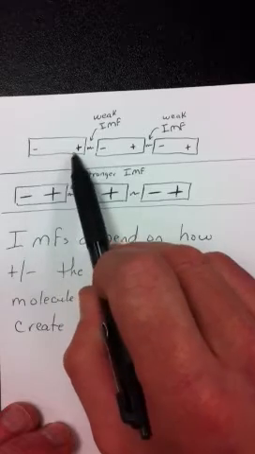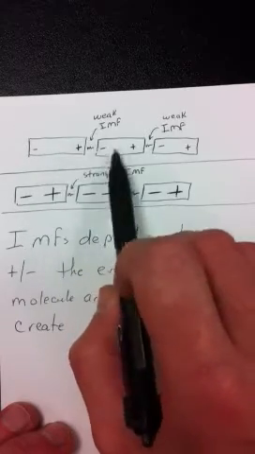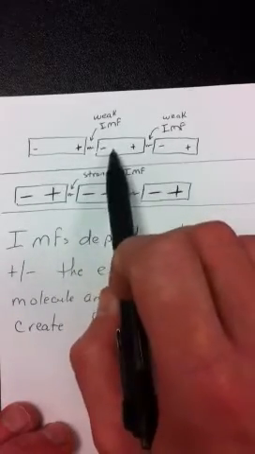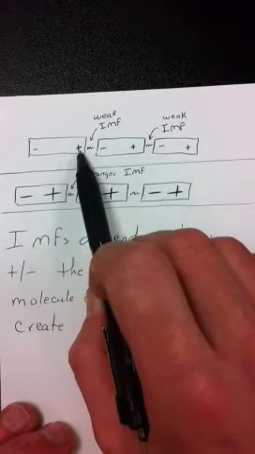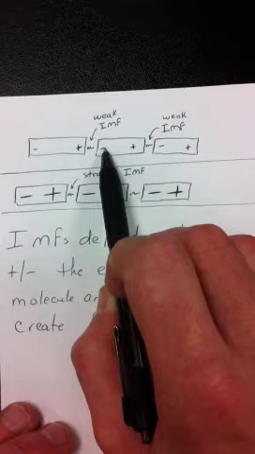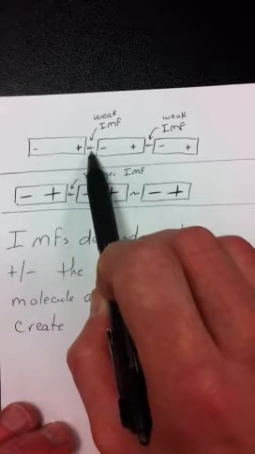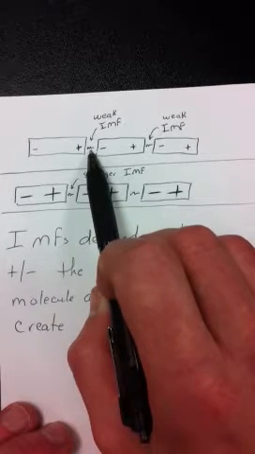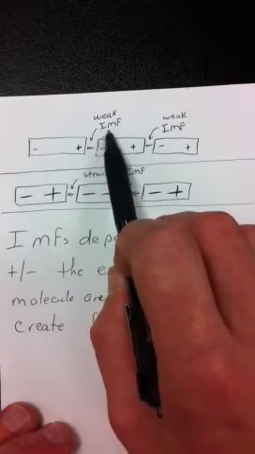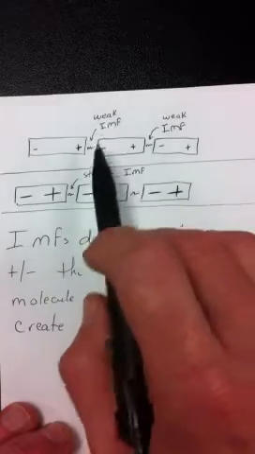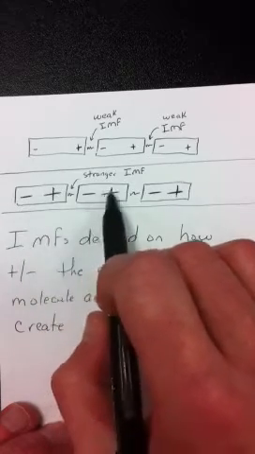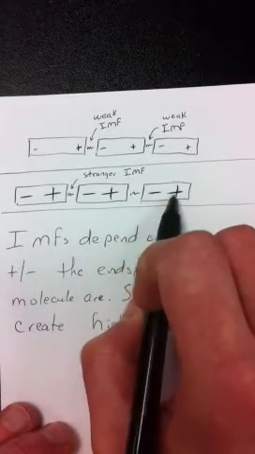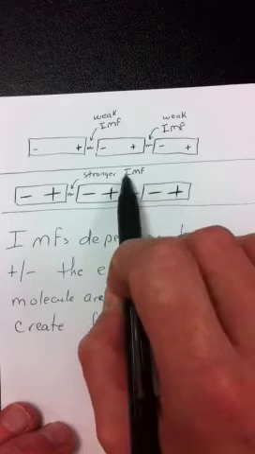You got a negative end and a positive end, and if you have a bunch of these molecules next to each other, they will align themselves so that the positive ends and the negative ends are next to each other. And this is your IMF, the intermolecular force of attraction. Now this can be a really weak IMF or it can be a really strong IMF, and that depends on how positive and negative those ends or those sides of the molecules are.